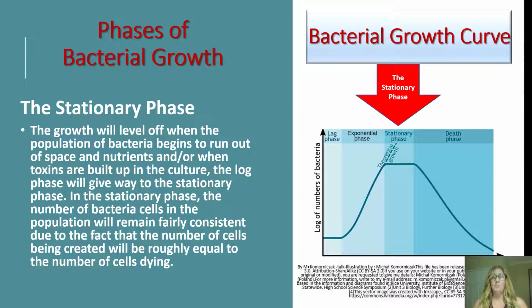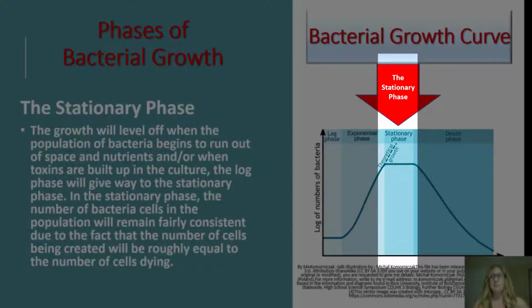So the log phase will give way to what we call the stationary phase. In the stationary phase, the bacteria cell number remains relatively constant. This means as many cells are dying as are being created. So the population stays fairly constant during this brief period of time.